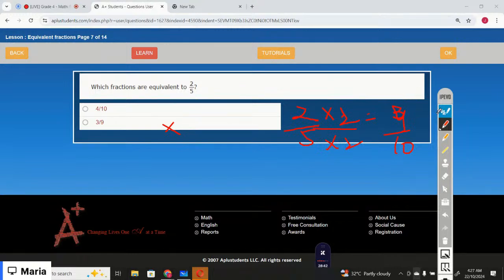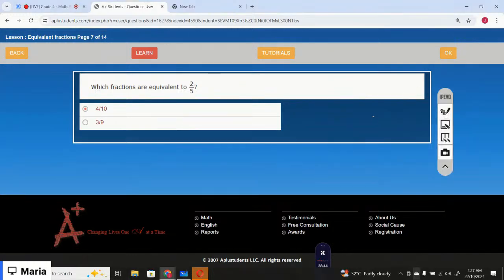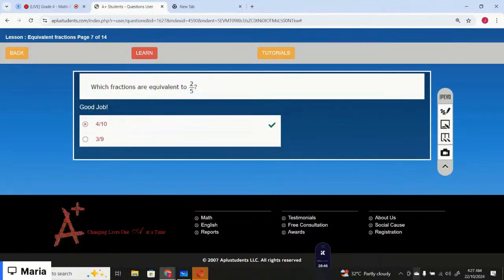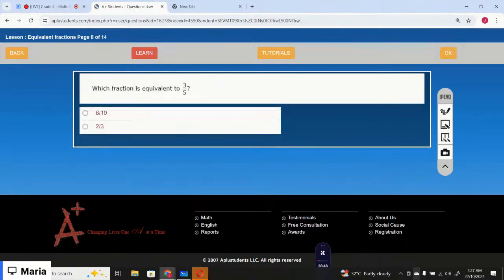That is 4 over 10. Option number 1 is the correct option. Which fraction is equivalent to 3 by 5?